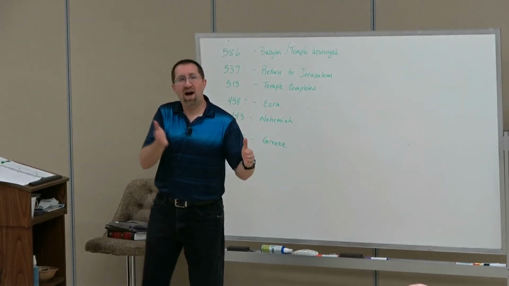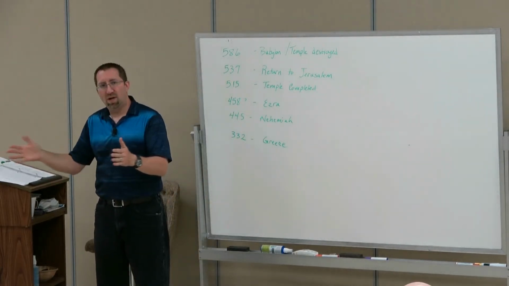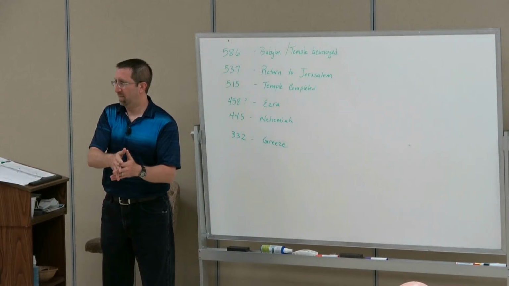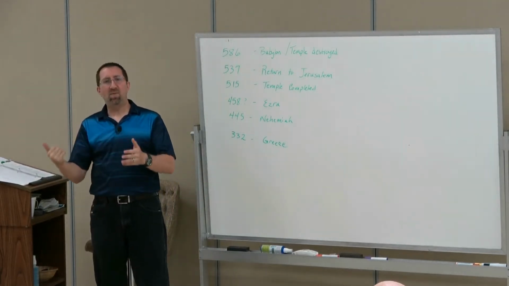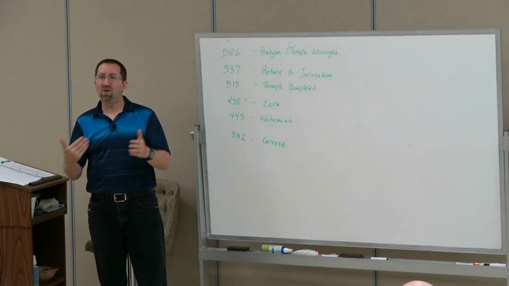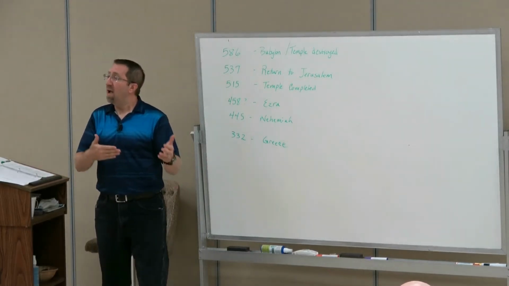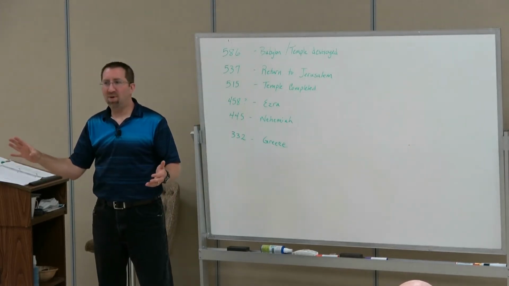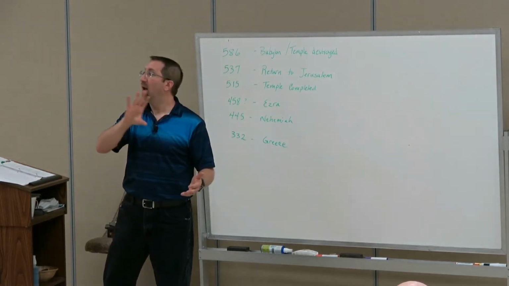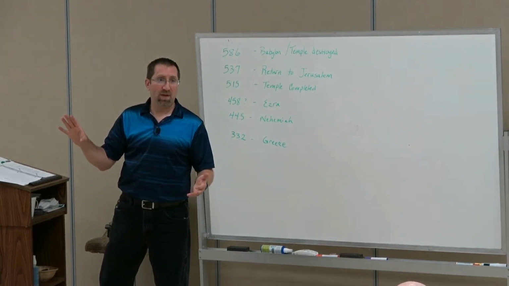But then over time, all of the other Hebrew books were added to it. Okay? And so what we have is the Hebrew Scriptures translated into the Greek-speaking language. As the Greeks took over, not only did they bring their culture, but they brought their language.